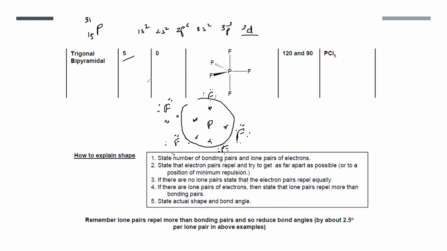Now it will become 5 bond pairs and no lone pair. So if 5 bond pairs and no lone pair, then it will be trigonal bipyramidal.